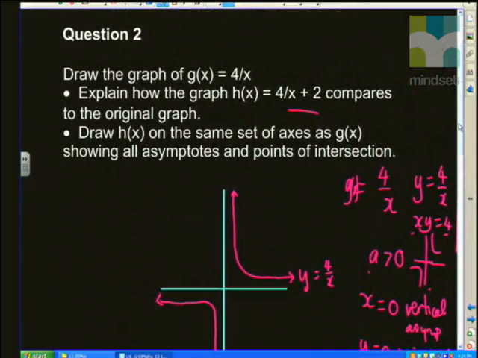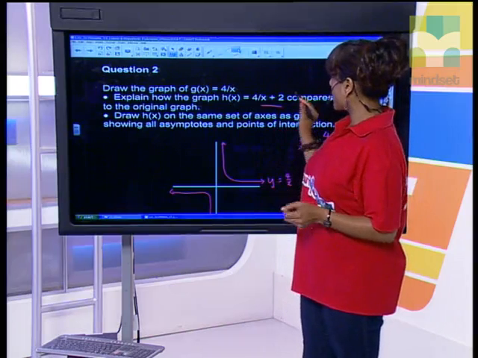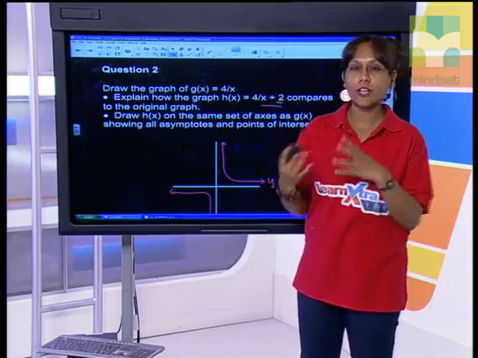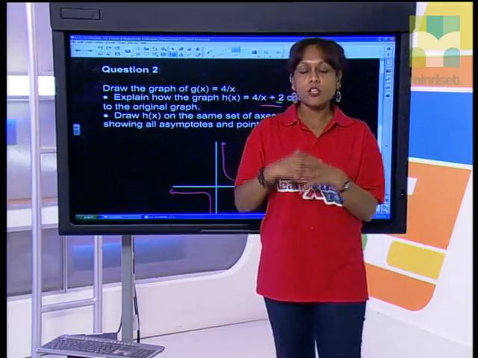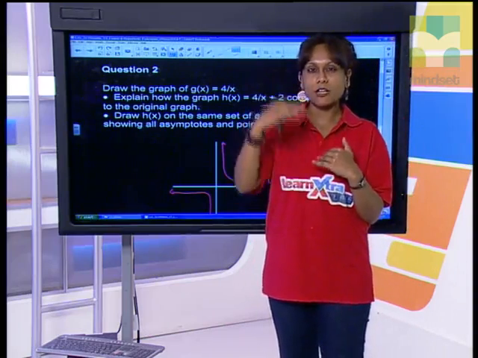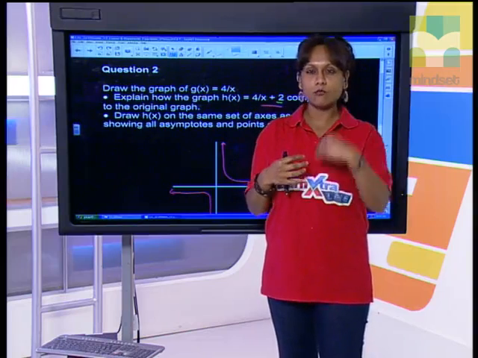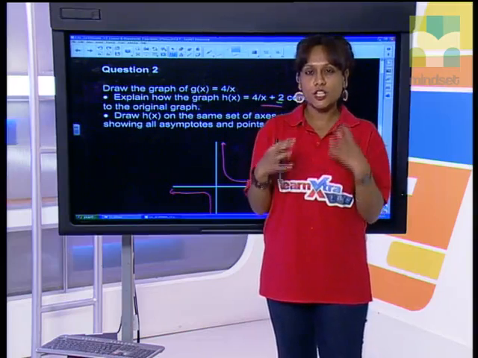That all of you have seen before. They then say, explain how the graph h of x is equal to 4 over x plus 2 compares to the original graph. Now guys, remember we discussed this in the beginning. What we've done here is we've changed the value of q, and your value of q is going to imply a vertical movement of your original function.